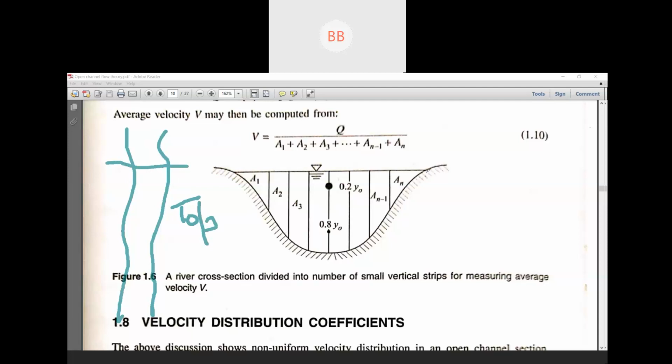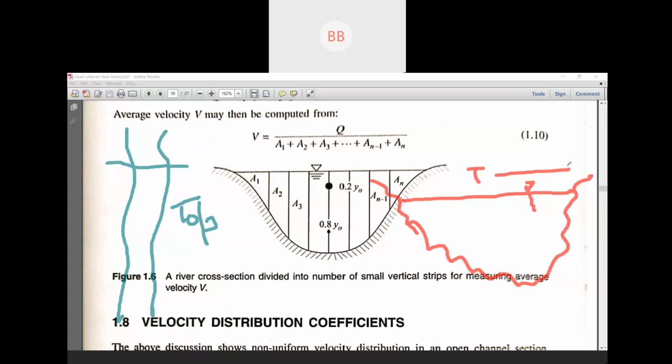This is a plain surface, but actually if you draw a natural channel, it will look somewhat like this, at any shape. It's an irregular shape. We don't have a plain surface. So how to find out the cross-sectional area of such a channel: first you have to find out the top width, T. What is the top width?